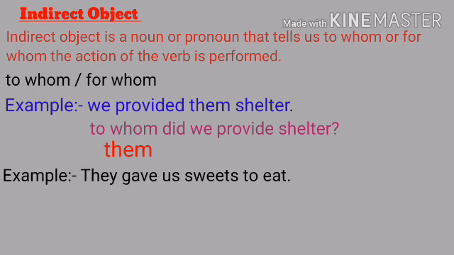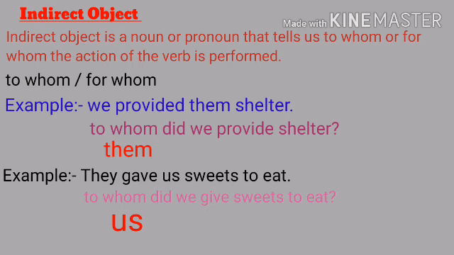Let us take another example. They gave us sweets to eat. In order to identify the indirect object, I shall ask the question, to whom did they give sweets to eat? And I'll get the answer, us. And therefore the word us is the indirect object here.